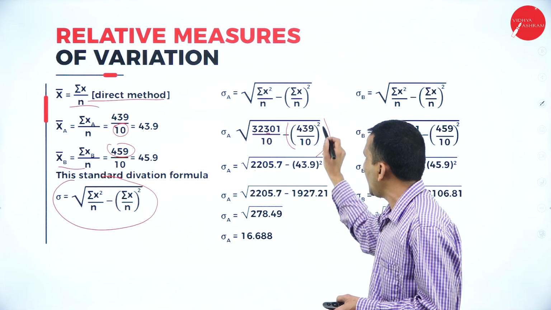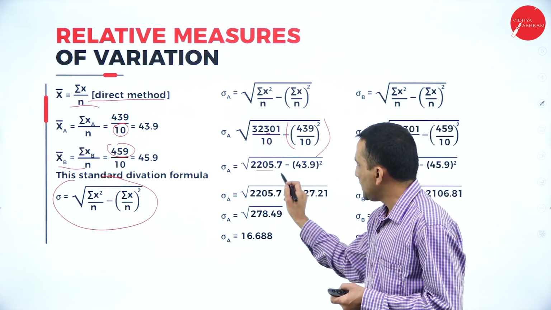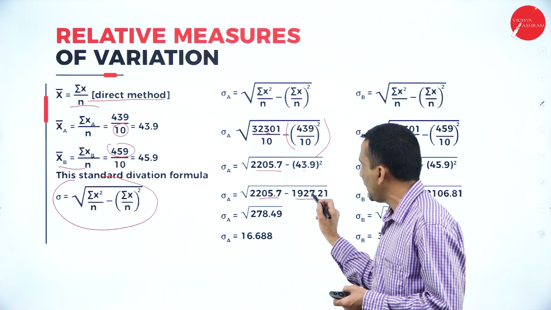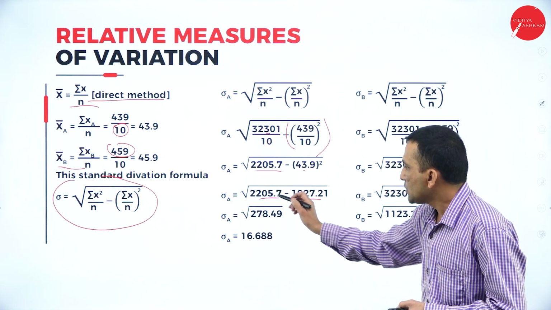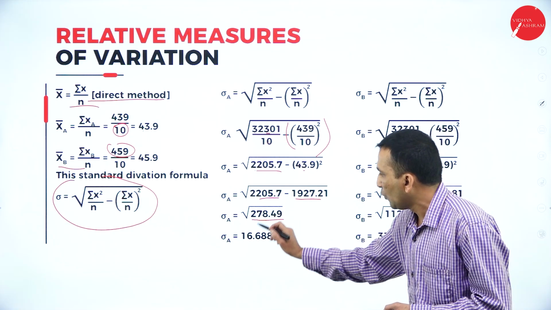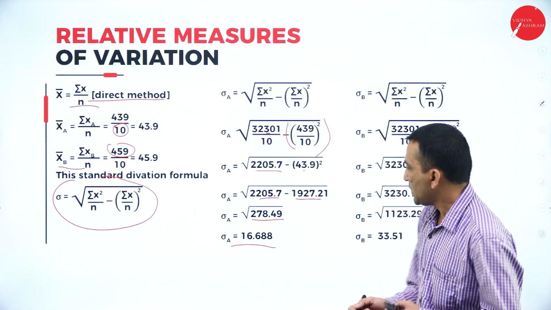Take the square, step by step, don't get confused here. First I want to remove the square root, so 43.9 squared gives 1927.2. Now if you subtract, you get 278.49. If you remove the square root, the standard deviation of cricketer A is 16.688.